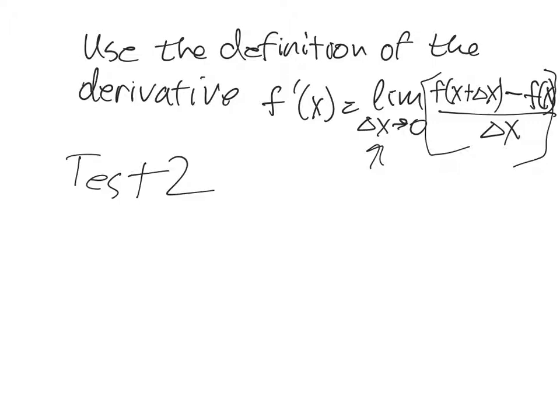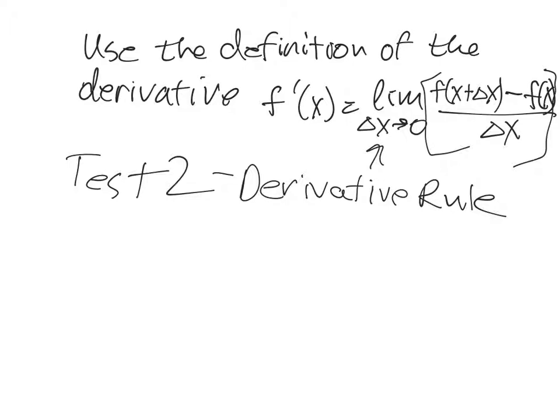Test 2. Probably some of your favorite stuff, because we don't have to use the definition anymore. Test 2 was essentially a lot of the derivative rules, shortcuts, and you can be sure I'll have a few problems.